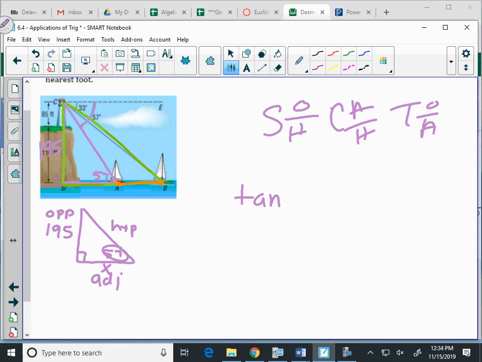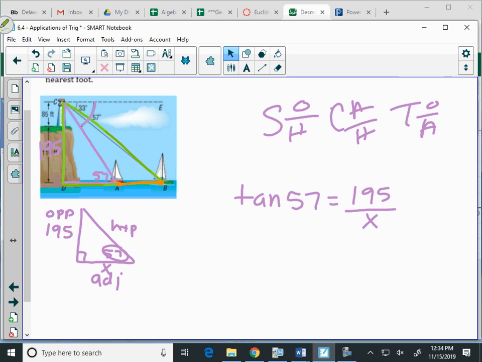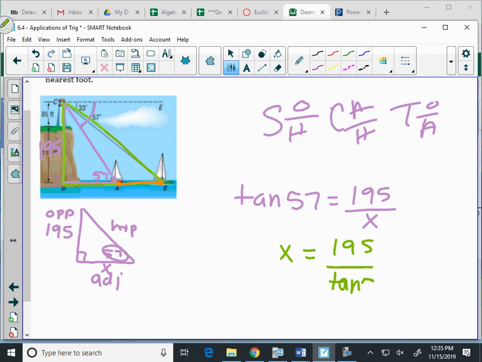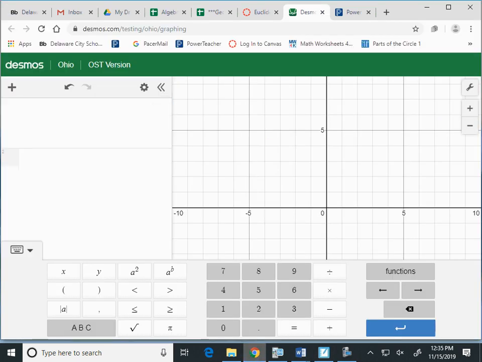Right. So we're going to say tangent of our angle is equal to the opposite over the adjacent, 195 over x. Is x up high or down low? Down low, so we are going to do what? So it becomes x equals 195 over the tangent of 57. Plug that into Desmos. 195 divided by the tangent of 57.